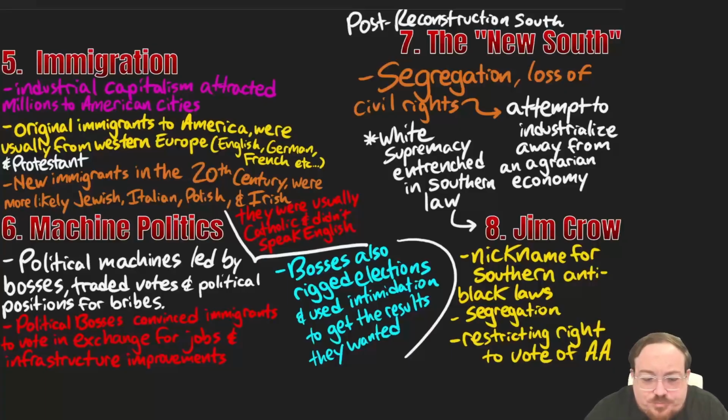The main way is that a lot of these new immigrants did not come from Western Europe. Most of the original immigrants into America were English or German or French, and they were all Protestant. That's really important. A lot of them came over here not for religious freedom, but in order to create their own religious haven.